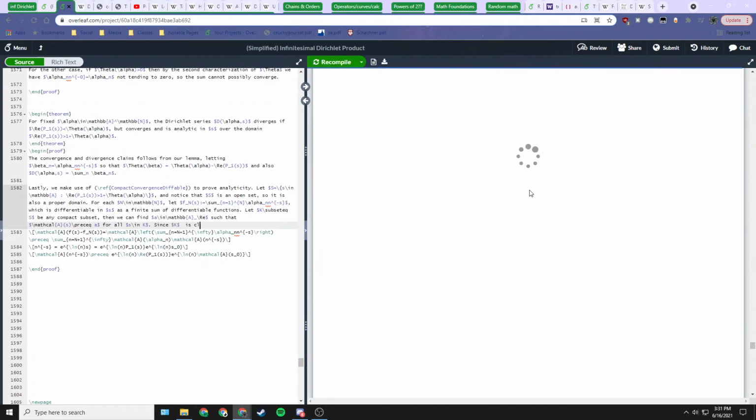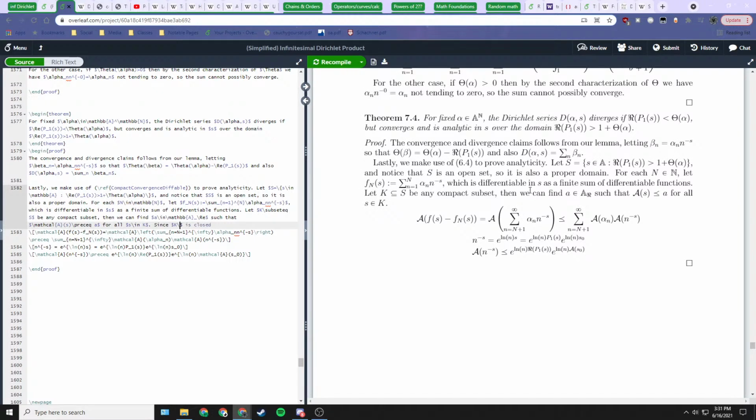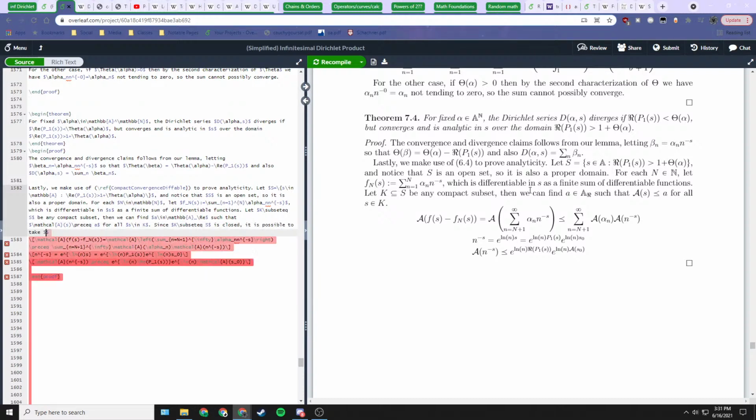Since K is closed, we should have, or rather, it is possible to take A such that P1 of A is strictly greater than 1 plus theta of alpha.